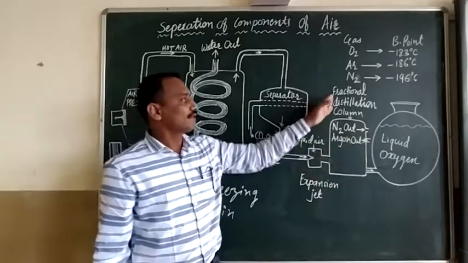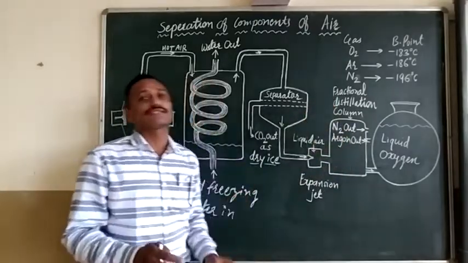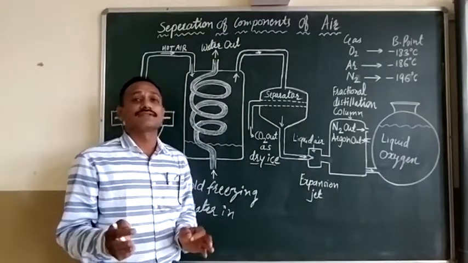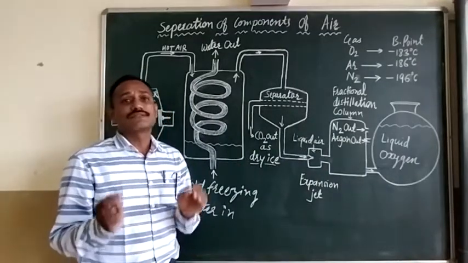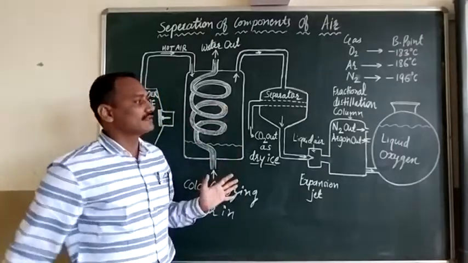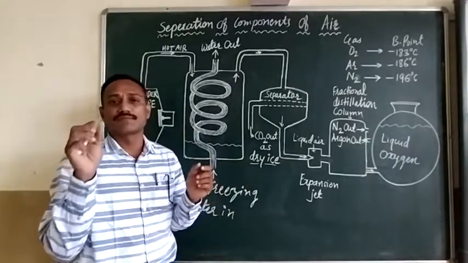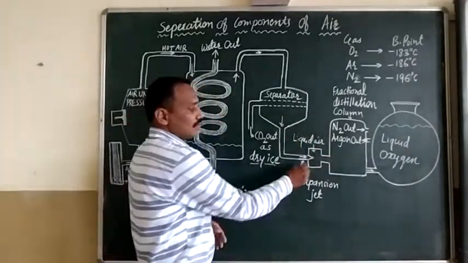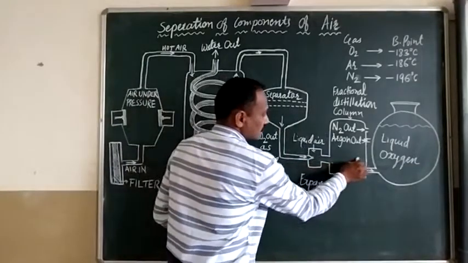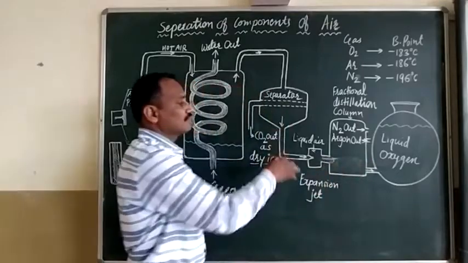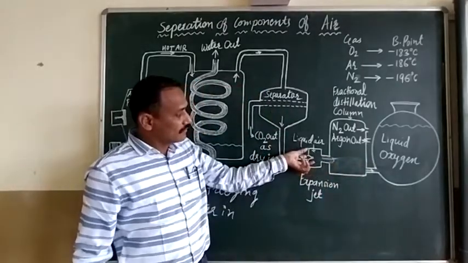We have already discussed the fractional distillation column while discussing separation of miscible liquids with difference in their boiling points less than 25 degrees Celsius. So the same fractionating column is there here. That fractionating column was filled with beads. Now all this liquid air is present here, and this cold compressed liquid air is allowed to expand.